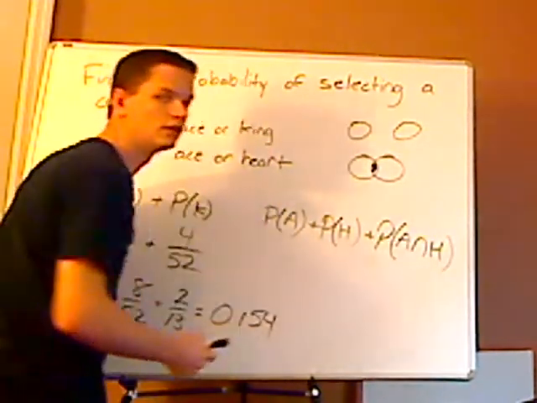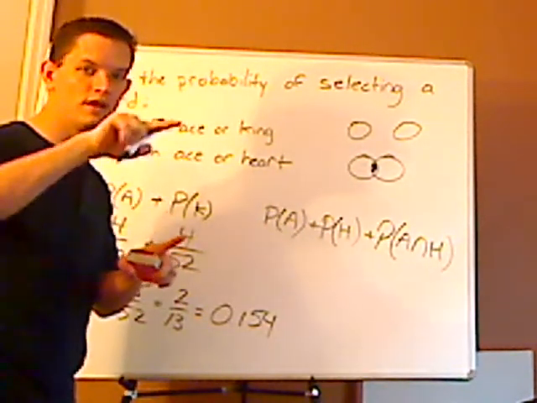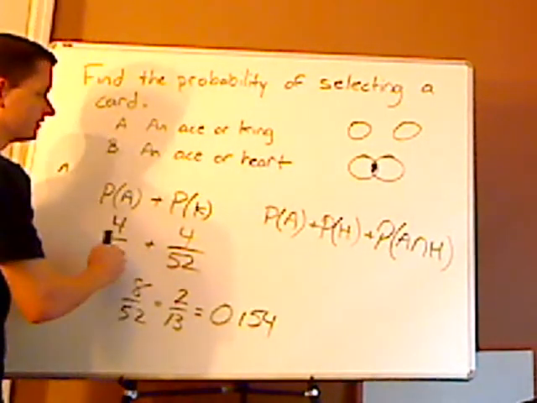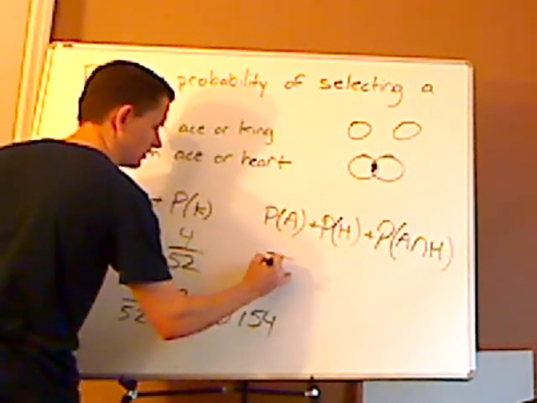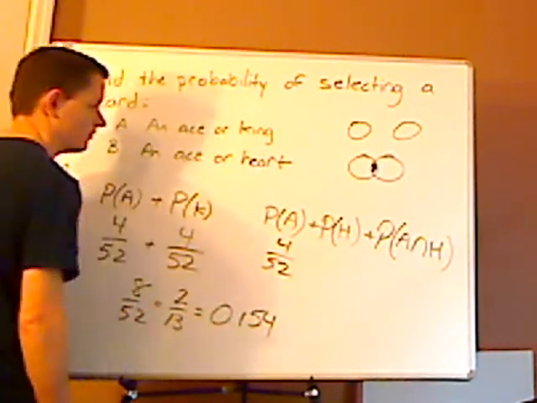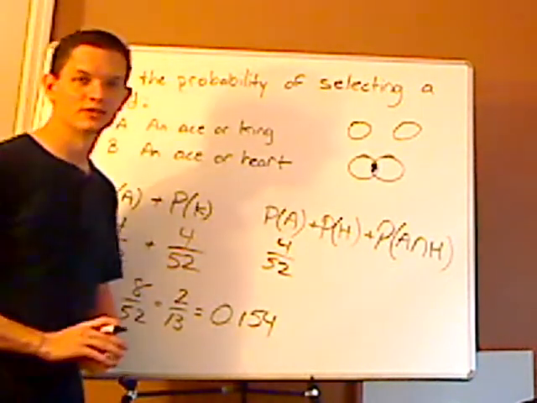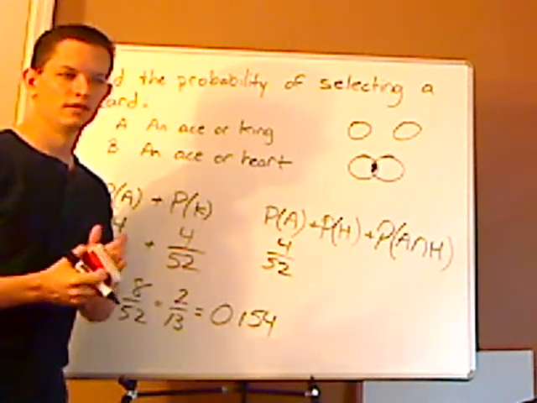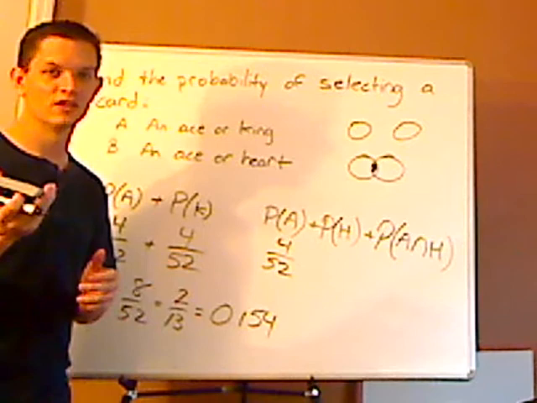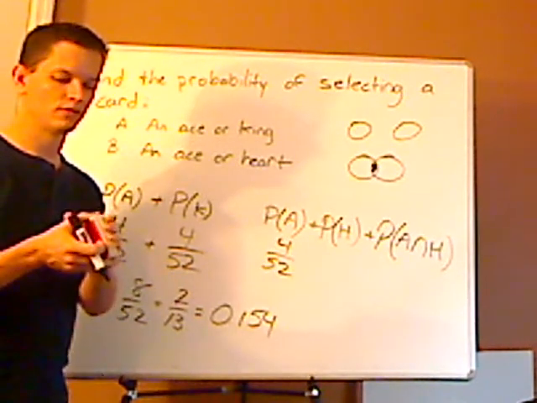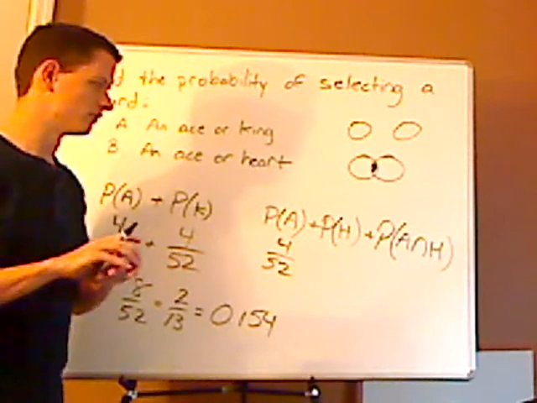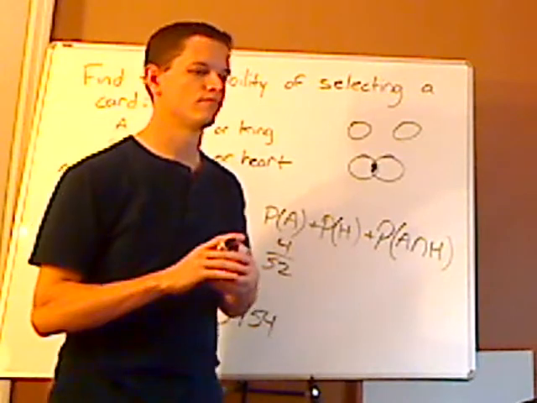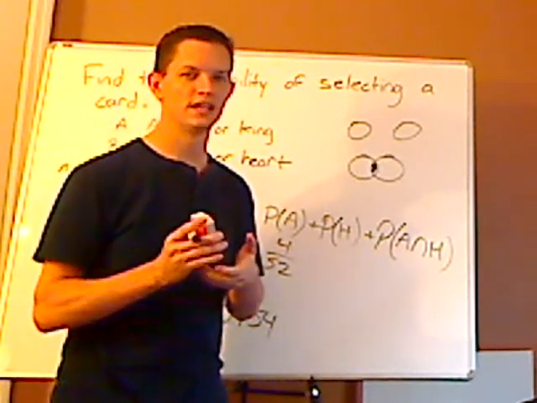This symbol right here, just to refresh your memory, like an upside down U, is an AND symbol. The probability of an ace is 4 over 52. For the probability of getting a heart, you can look at it this way: there are 4 suits in a deck, so it'd be 1/4, or each suit is 13 cards.